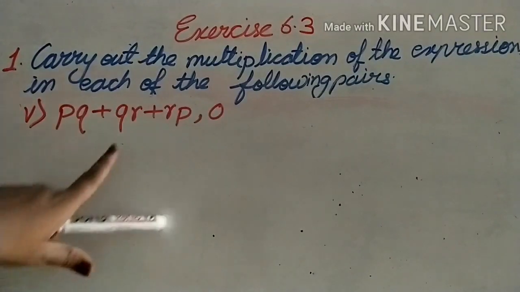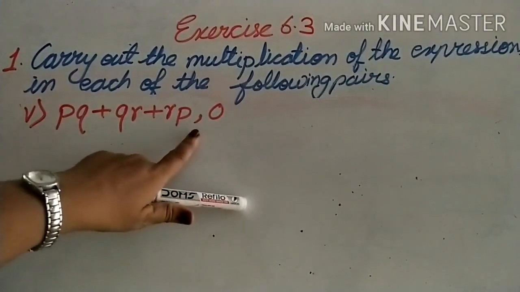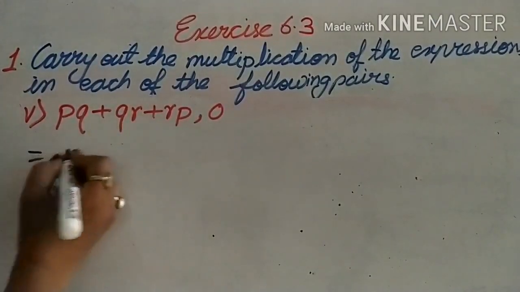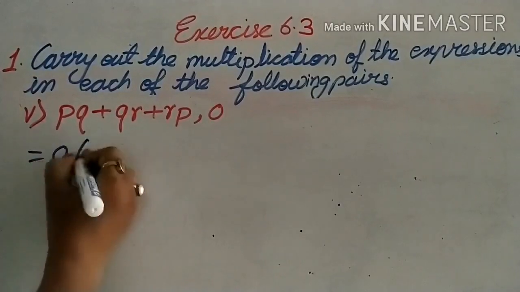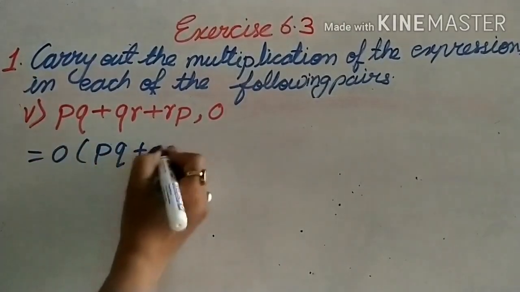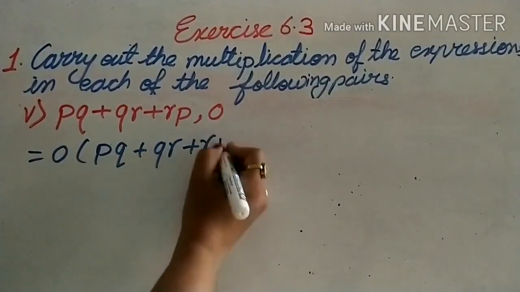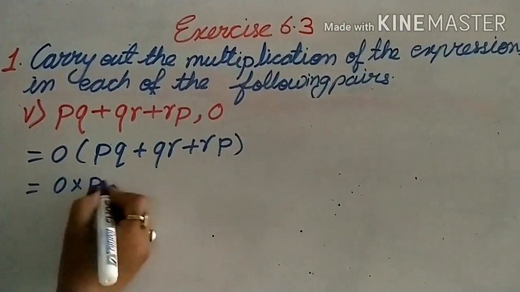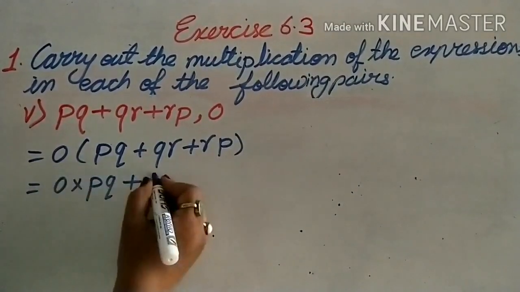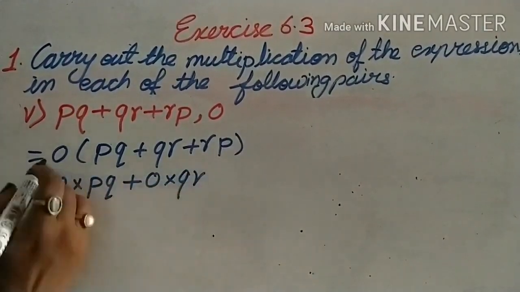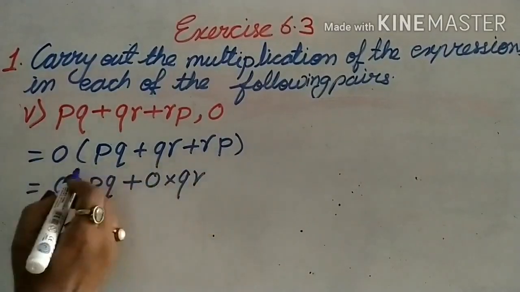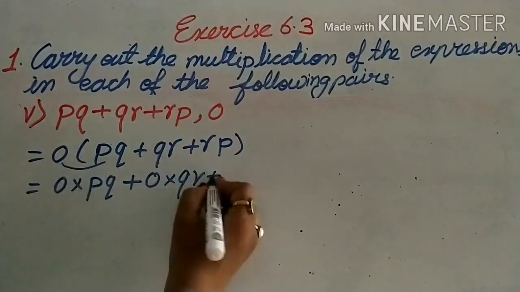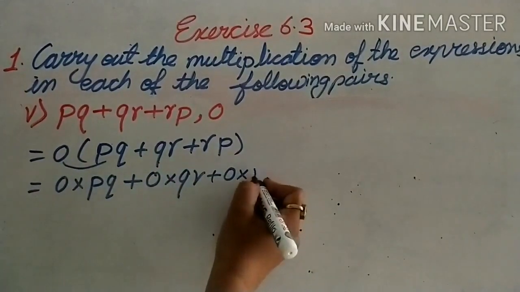pq plus qr plus rp comma 0. We have to multiply this to 0, is equal to 0 into bracket pq plus qr plus rp, is equal to 0 into pq plus 0 into qr, because we have to multiply this 0 to the whole bracket, that is pq, qr and rp, plus 0 into rp.